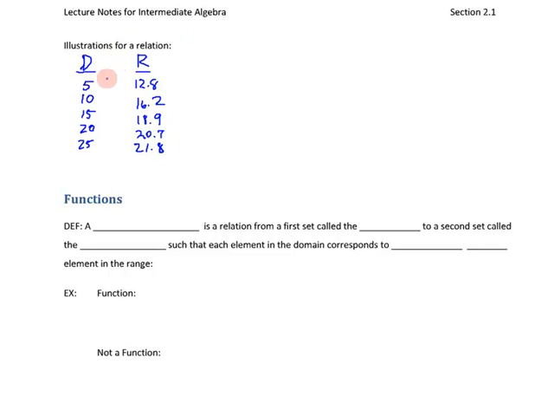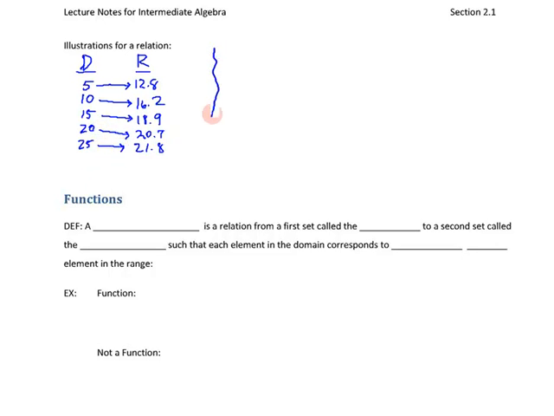By putting them in pairs, what I meant to say was that 5 corresponds to 12.8, 10 corresponds to 16.2, 15 corresponds to 18.9, 20 corresponds to 20.7, and 25 corresponds to 21.8.